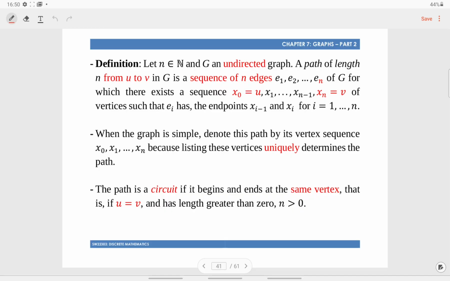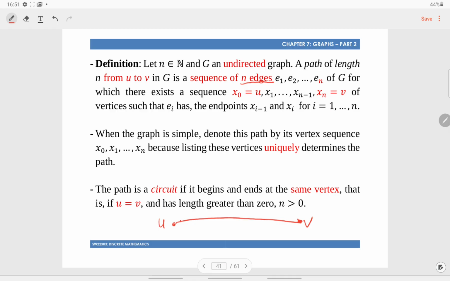Let n be a natural number and G be an undirected graph. A path of length n from U to V, from one vertex U to another vertex V, where the length is n, is a sequence of n edges.